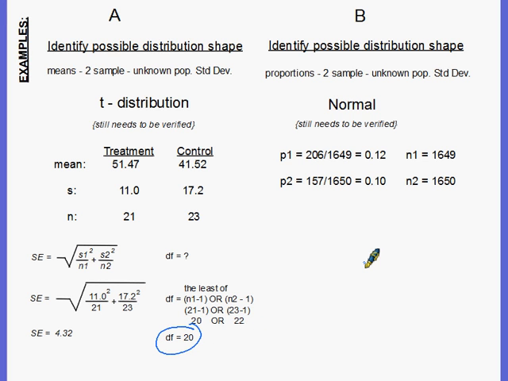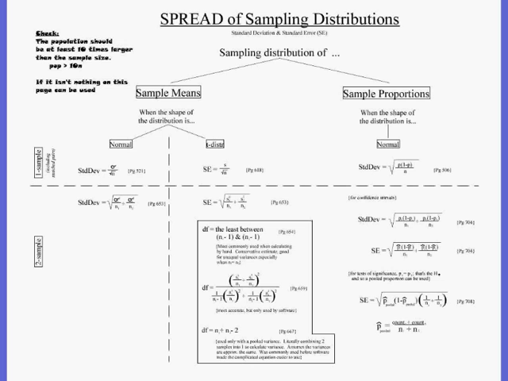Now over here, we're talking about proportions, which of course are only normal distributions. We're still talking about two sample. Notice that there are these two parentheses up here for confidence intervals and for tests of significance. We are doing tests of significance.